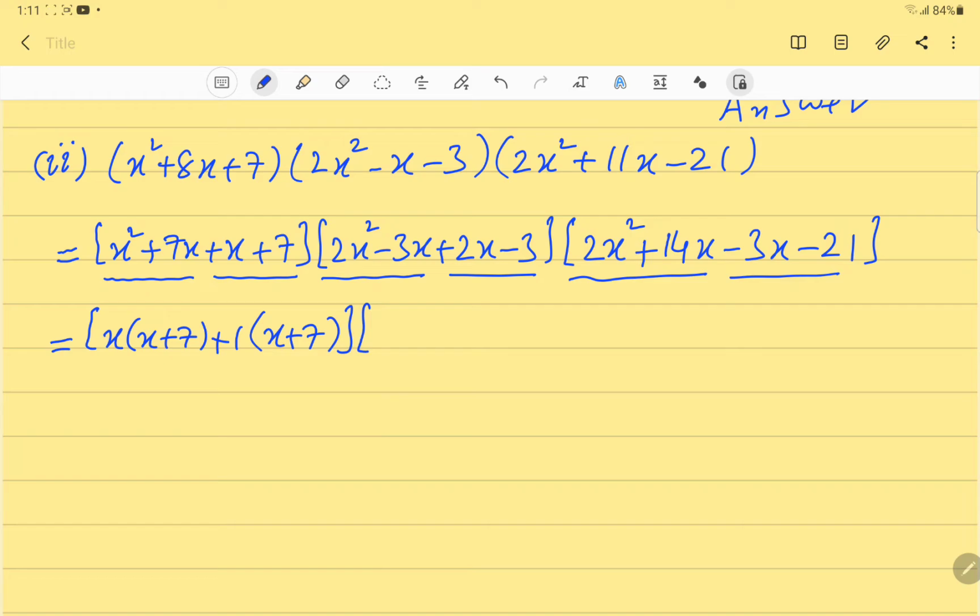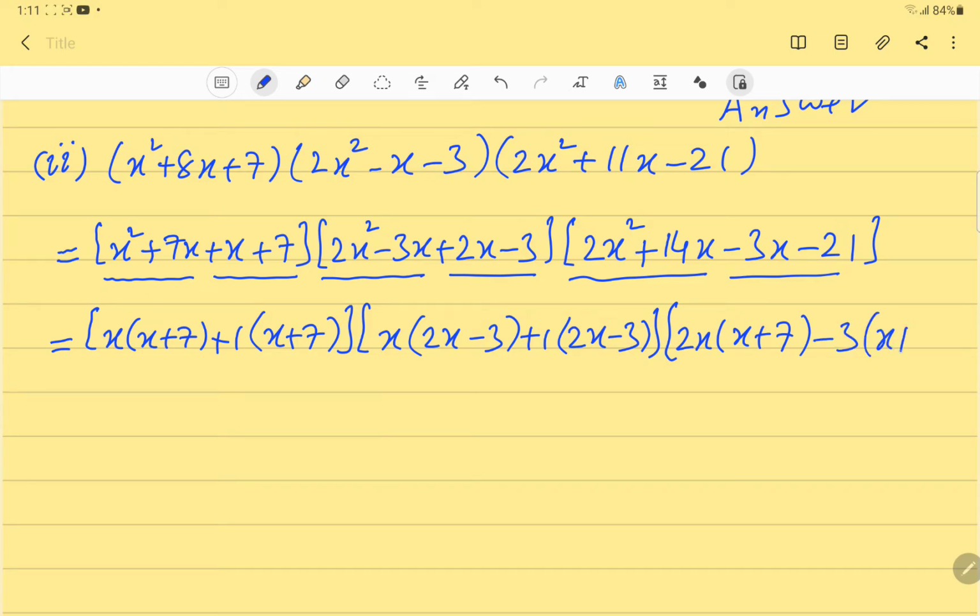In the second one we have x common, so 2x minus 3. Then we have 1 common, 2x minus 3. Then in the third one we have 2x common, so x plus 7. And then we have 3 common, x plus 7.